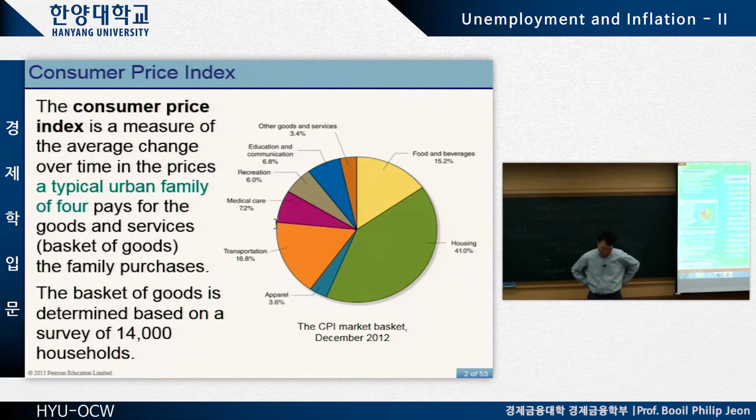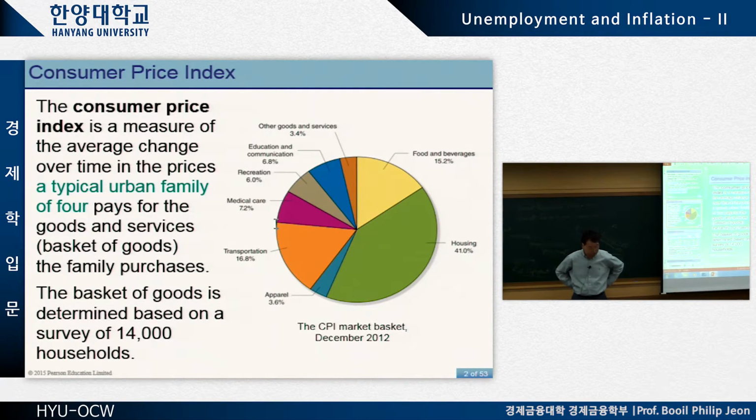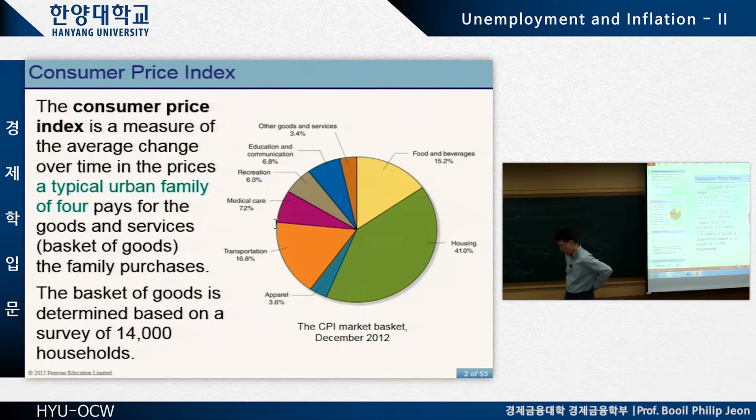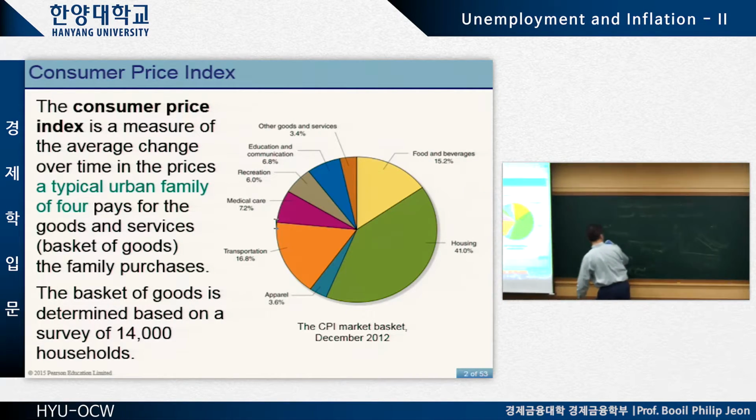The CPI measures the cost of living. And the way they calculate the CPI is, first of all, they have to come up with the basket of goods, or market basket.